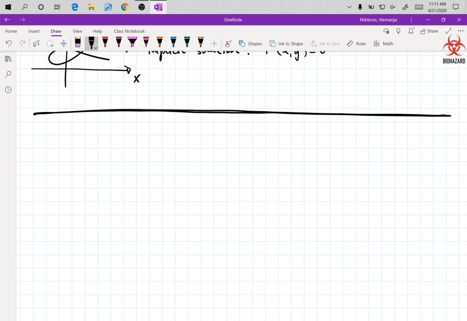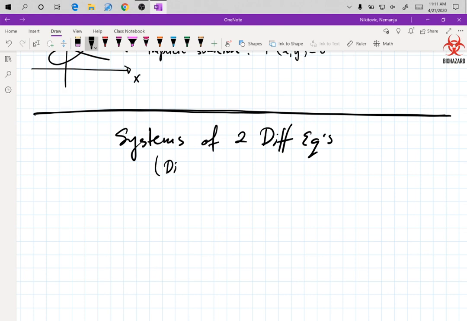That's when we have systems of 2 differential equations, which means the dimension is n equals 2.